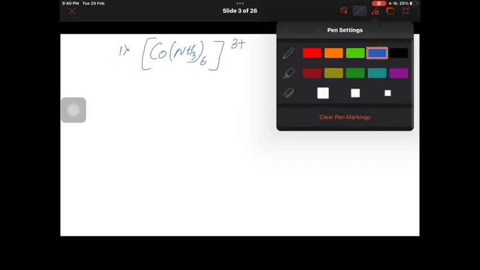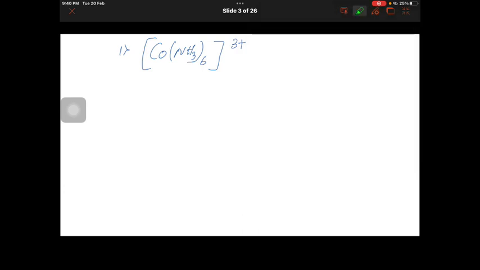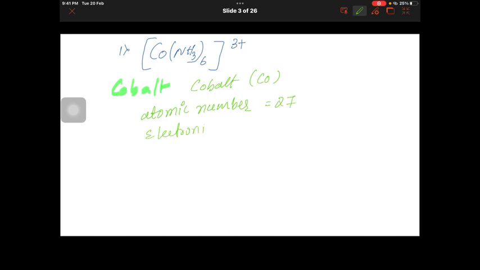So first you take the central element, that is cobalt. Co, atomic number 27. Electronic configuration: argon 4s2 3d7.